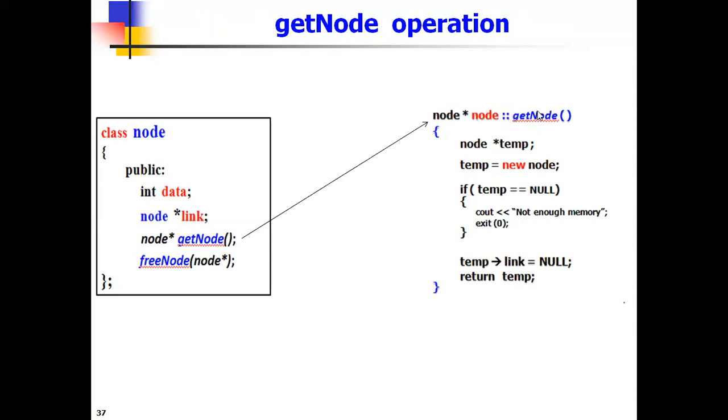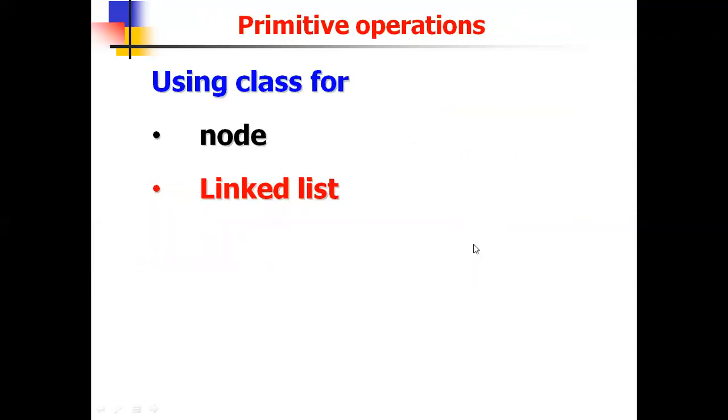That means get node is a member function of class node, and its return type is node star, and the rest of the code will remain the same. To understand how get node works, you have to watch my previous session, linked list part 1, and you can search for MCA RNSIT to get that linked list part 1.